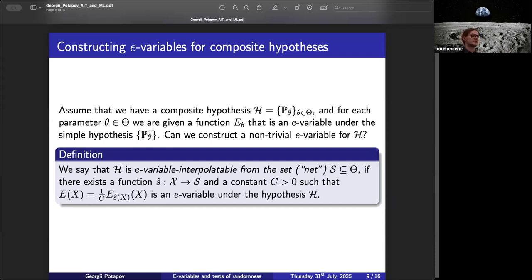And I claim that for many well-known and natural distributions, we can interpolate these given e-variables to get an e-variable for the big composite hypothesis, which basically takes this form. We somehow estimate the parameter theta and calculate the e-variable for this estimated parameter.